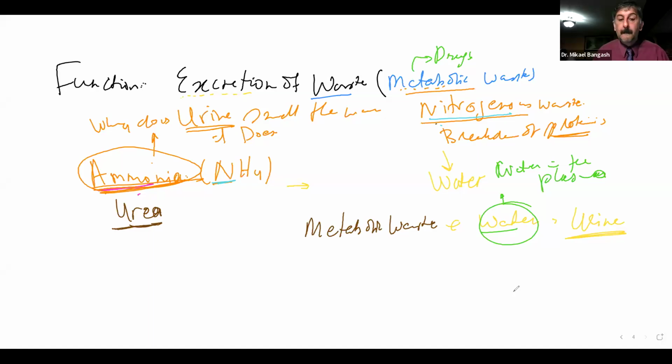Those are actually going to end up acting as toxins in your body. So by eliminating them, or excreting them, sorry, by the urinary system, that's how your body is able to maintain the homeostasis.